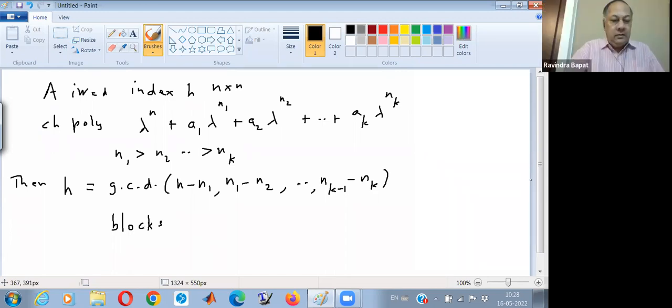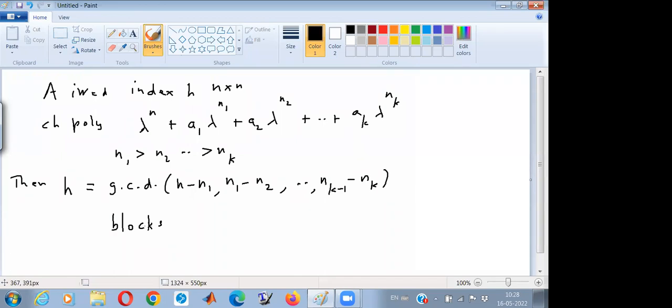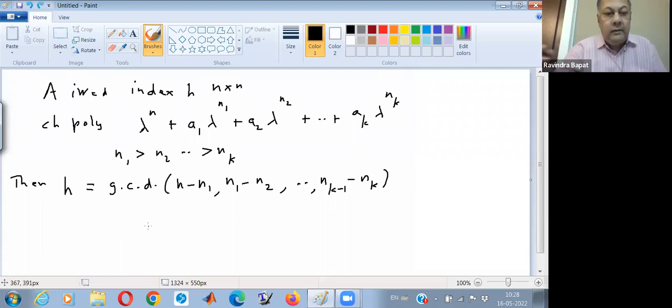Now one simple corollary of these results is that, earlier we saw that if the graph has a single loop, then there's a cycle of length 1, and immediately the GCD becomes 1, and then the index becomes 1.